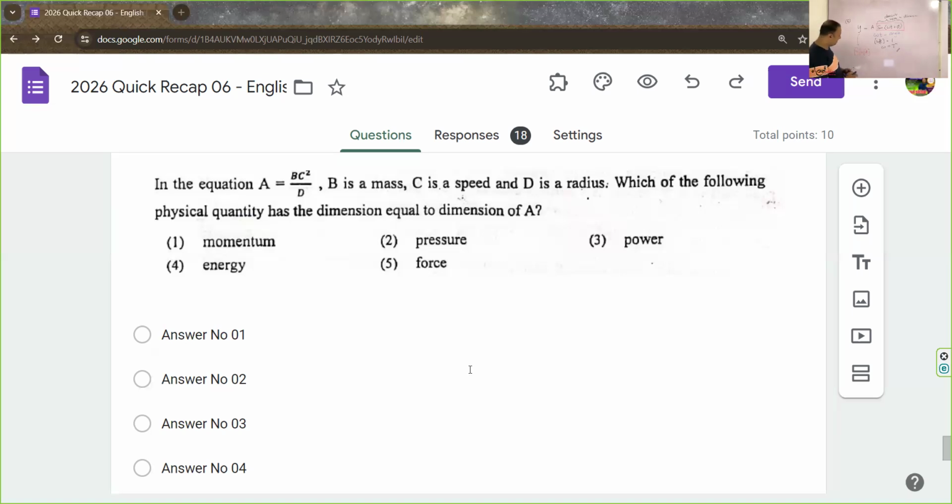And therefore, the 10th question, A is equal to B C squared over D. So B means mass. Then C squared, C is a speed. Speed means L T minus 1, squared, L squared T minus 2, over the radius. Radius is a length.